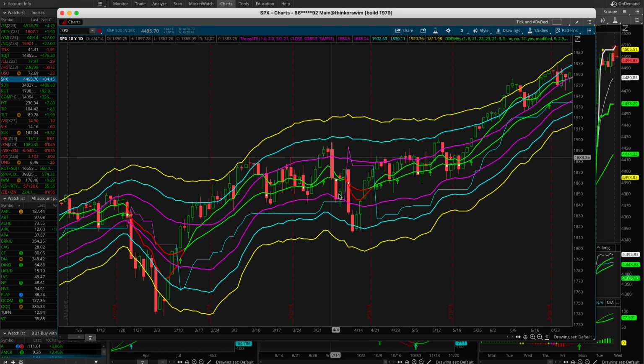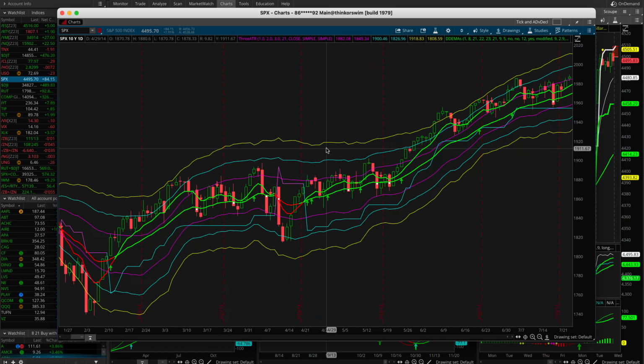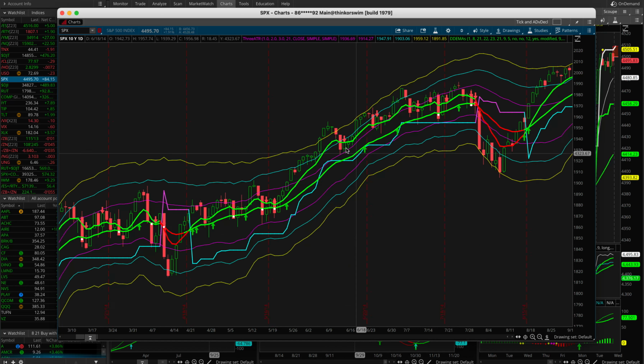Came up to the second one, didn't even make it to the second one, and then we rallied and pushed up through. So this is a little bit like what today looks like. Pulled down, continued up.